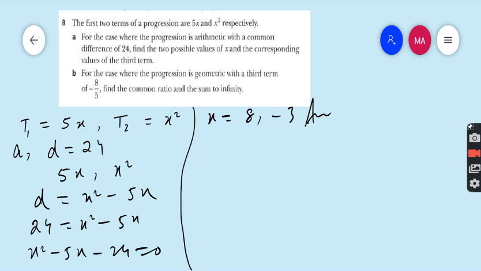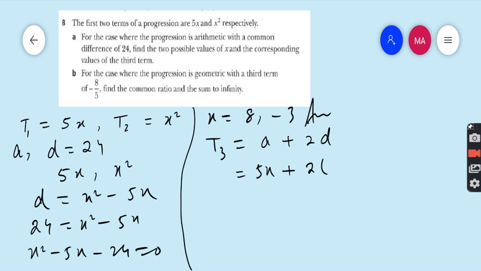And the next requirement is to find the third term. What is the third term in arithmetic? T3 is equal to a plus 2d. So the first term is 5x plus 2 multiplied by d.